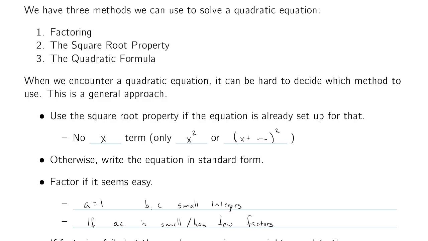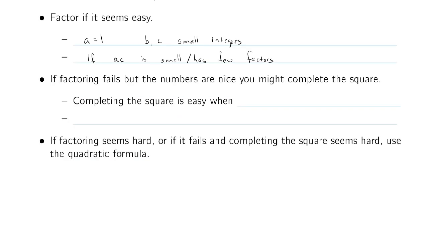If factoring fails, but the numbers are really nice, it can be worth it to try completing the square. If you're proficient in completing the square, it'll often be easier than the quadratic formula. It's easy when A is 1 and B is even, because then you won't get any fractions showing up when you complete the square.